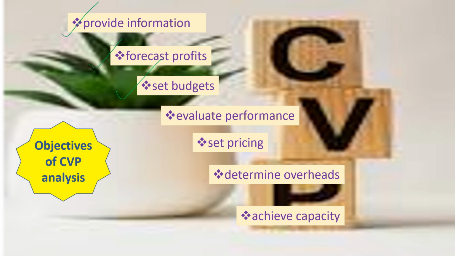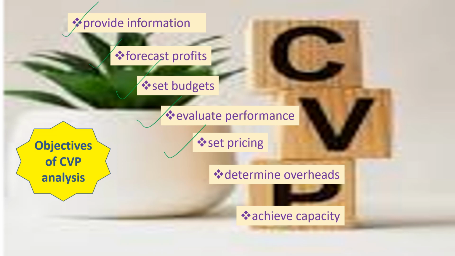Number 3, to set budgets. We can use CVP analysis to set budgets, whereby CVP analysis is useful in setting up flexible budgets that indicate costs at different levels of activities. Okay, next, number 4, it helps performance evaluation by focusing on profits achieved and costs incurred. Okay, next, it plays an important part in stabilizing volume.